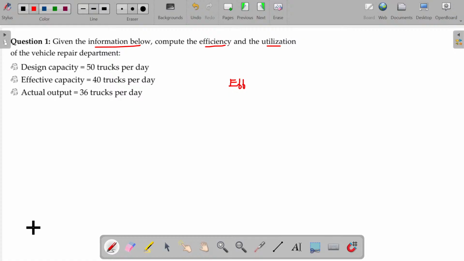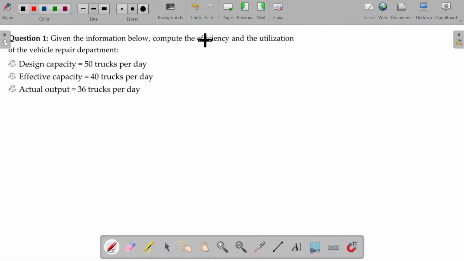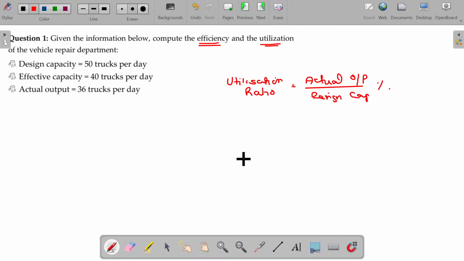Efficiency as well as utilization. In case of utilization, from the design capacity, how much are you using? Utilization ratio is the relationship between actual output and design capacity, in percentage.